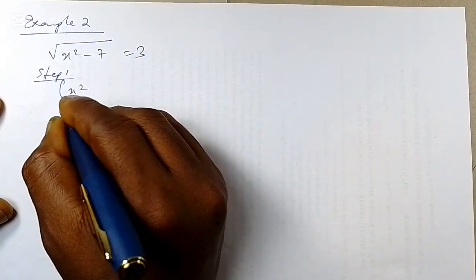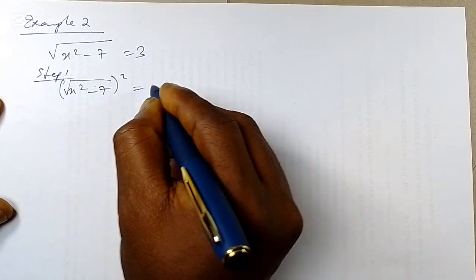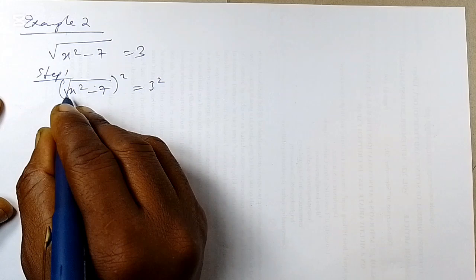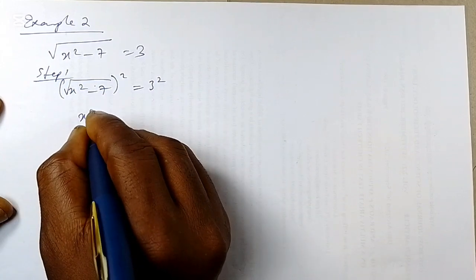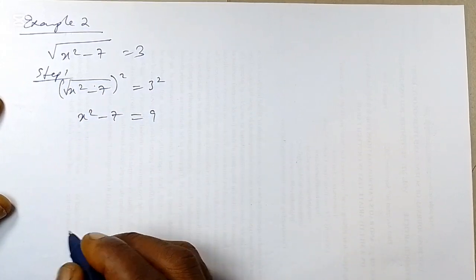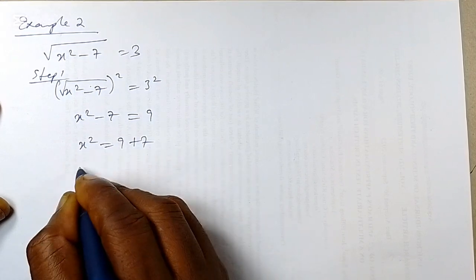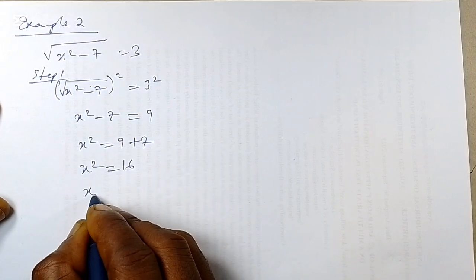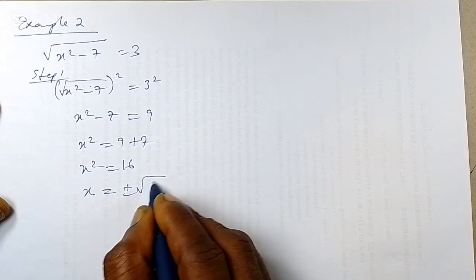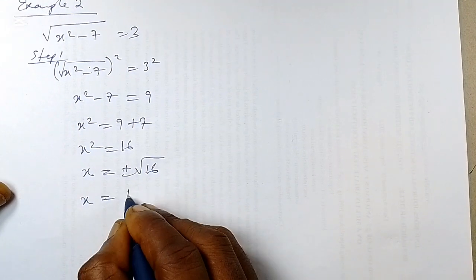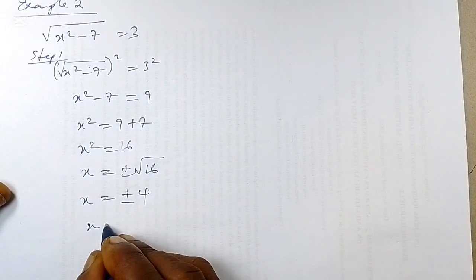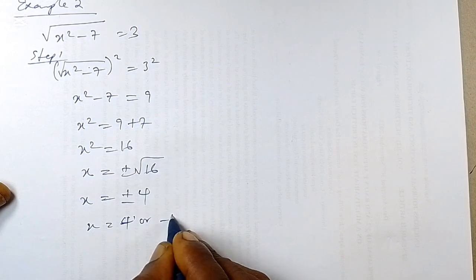If you square both sides, the square of this square root will give you x squared minus 7, and this will give you 9. So x squared will be equal to 9 plus 7, x squared will be equal to 16, and x will be plus or minus the square root of 16, implying that x will be plus or minus 4. So x is equal to plus 4 or minus 4.